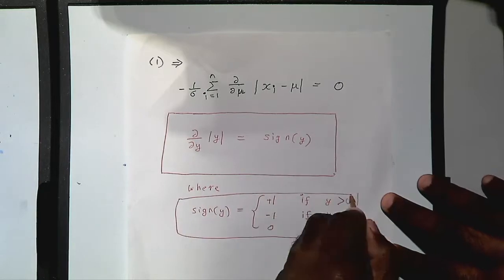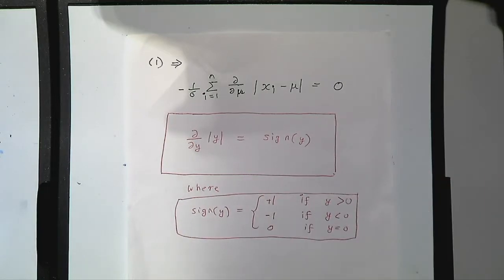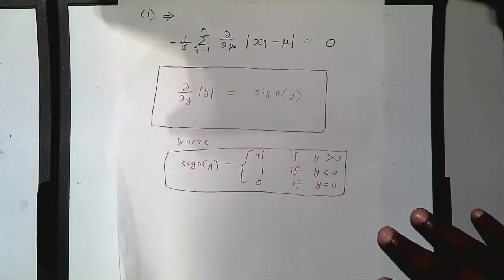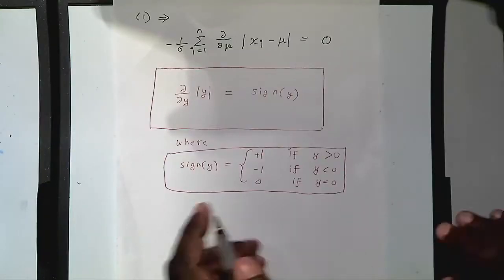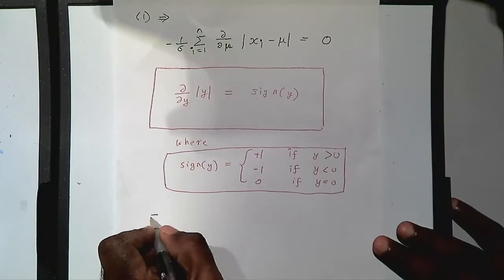Right? You didn't see, okay, the derivative of the absolute value of y with respect to y is equal to the sign of y, where sign of y is plus 1 if y is positive, minus 1 if y is negative, and 0 if y is 0, right? Okay. So what you have is the following.